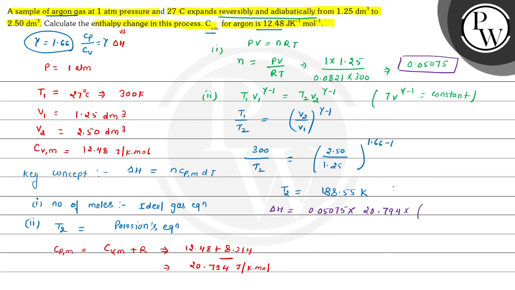Here dT is T2 minus T1, so 188.55 minus 300. So the value of del H comes out to be 117.6 joule. So this is the value of change in enthalpy.